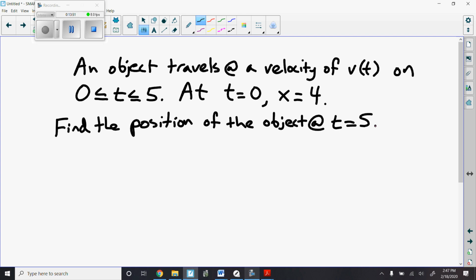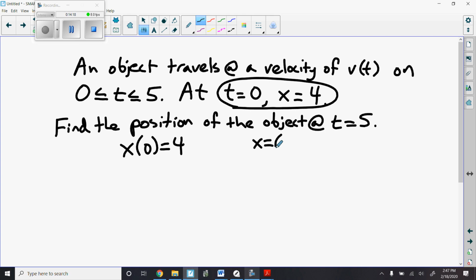Okay? So what I have to do here, if you're ever asked to find a position at a specific time, what we have to think of is just like the video from our last video, which is initial condition plus. So here's what we know. From this, I know that x of 0 equals 4, right? And what I'm looking for is the position at time 5, so I'm looking for x of 5.